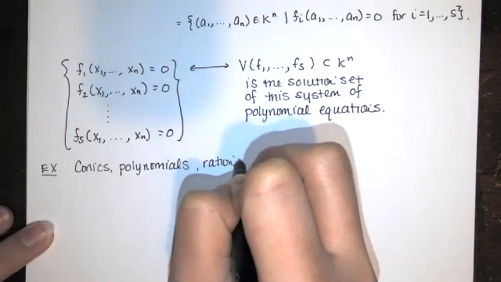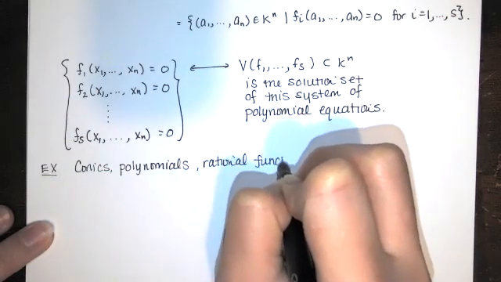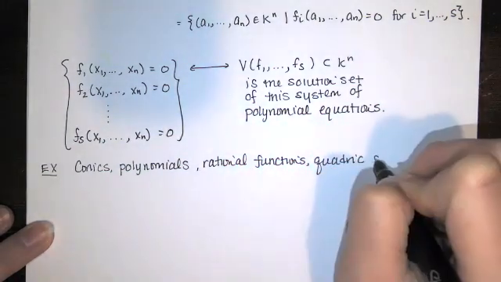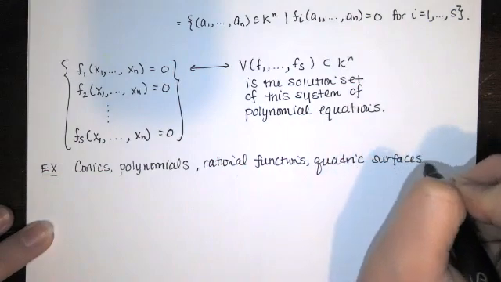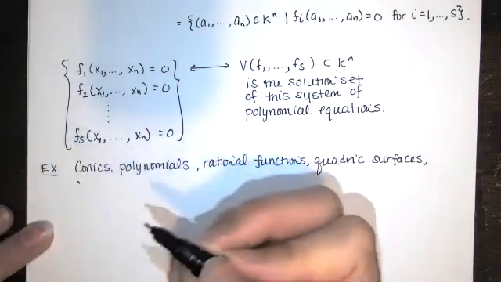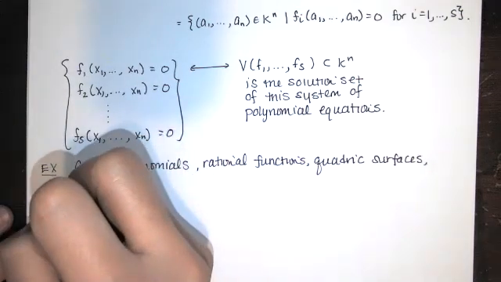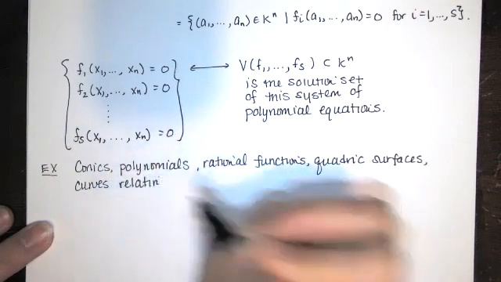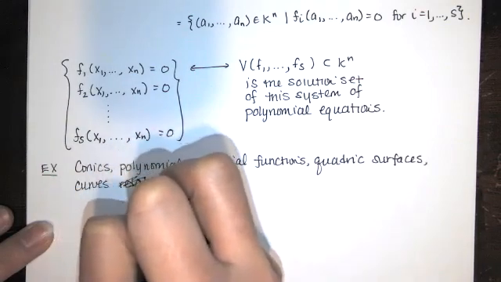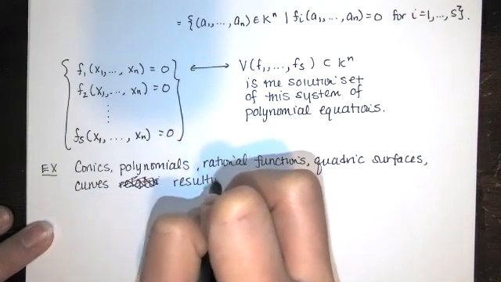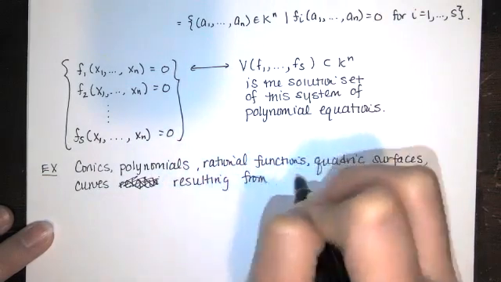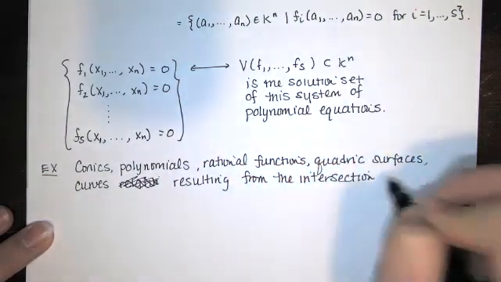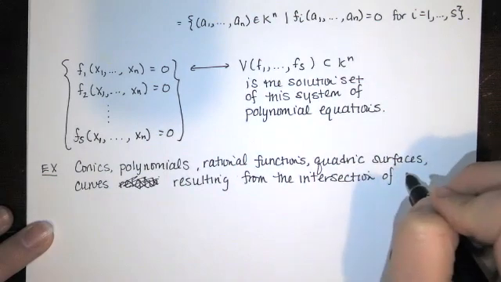rational functions, quadric surfaces, the intersection of surfaces that result in curves, we looked at that twisted cubic last time.